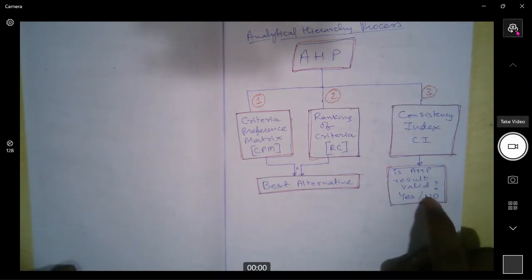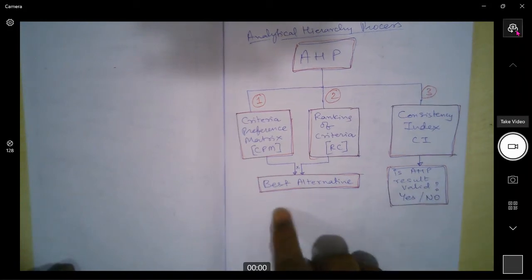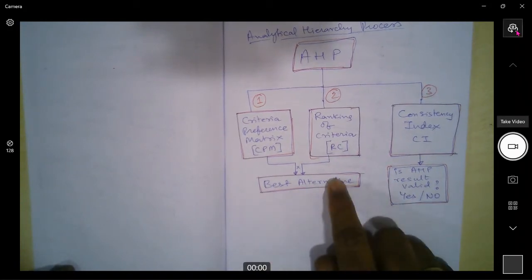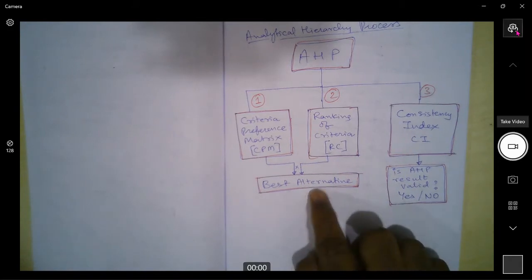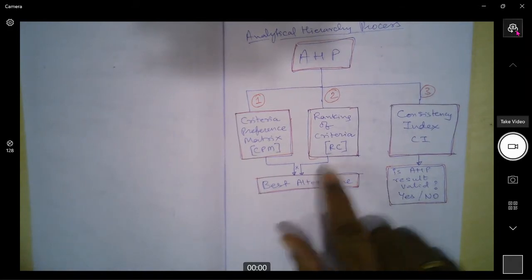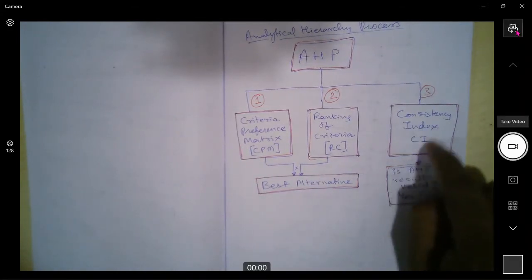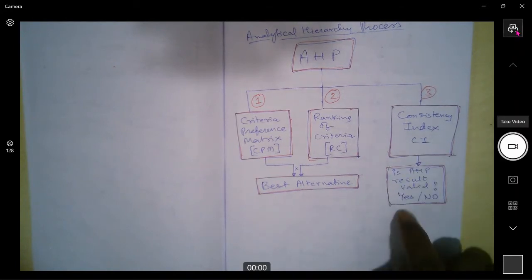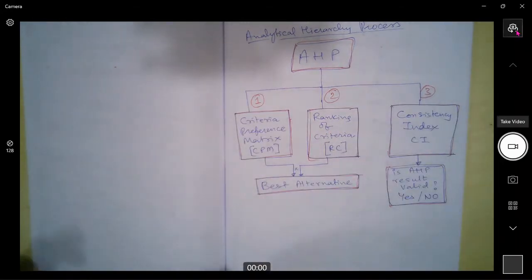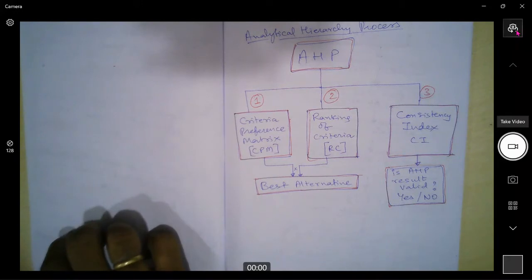And if it is invalid, or no, then okay, you got some result, but you can just throw it in the dustbin. It is not the proper calculation, because your input data itself is not consistent.